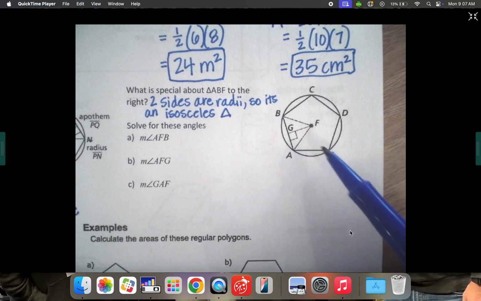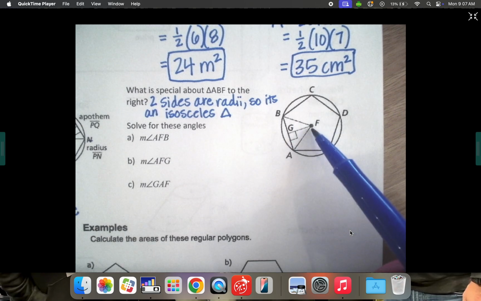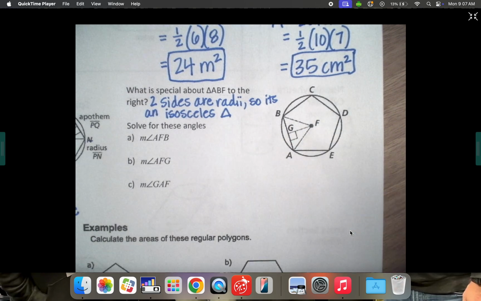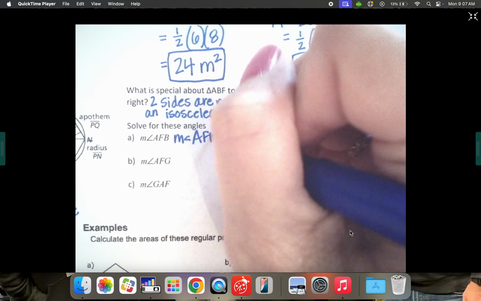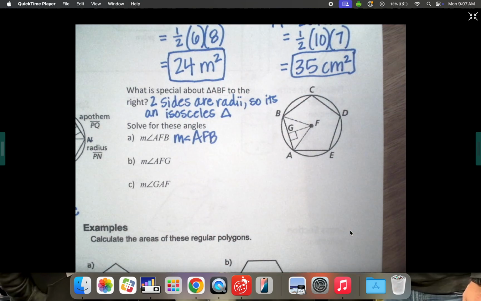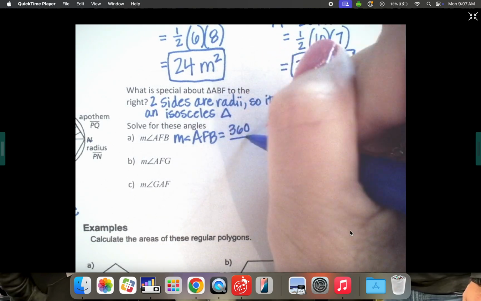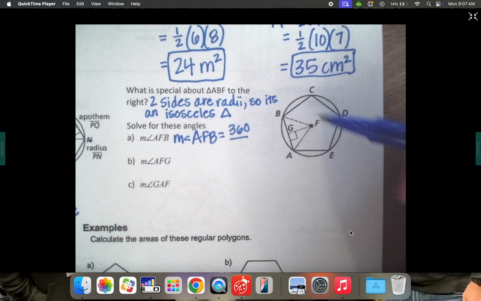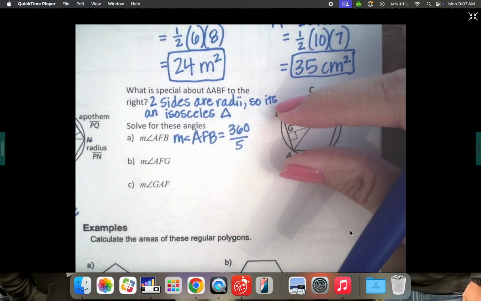So the measure of angle AFB, that is a central angle since it's off the center. We're going to say that the measure of angle AFB equals 360 degrees, the whole circle, divided by 5. Think about why I put divided by 5. This is a central angle.